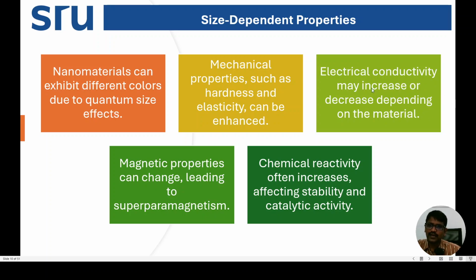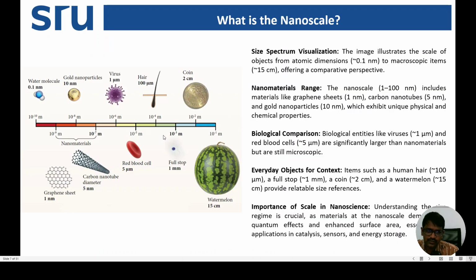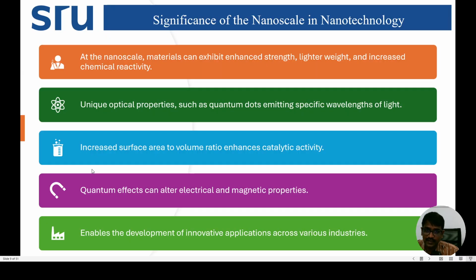Coming to electrical conductivity, it may increase or decrease depending on the material. If you use nanomaterials, you can enhance the electrical properties. For example, nanotubes, carbon nanotubes, and graphene sheets can enhance the electrical conductivity.